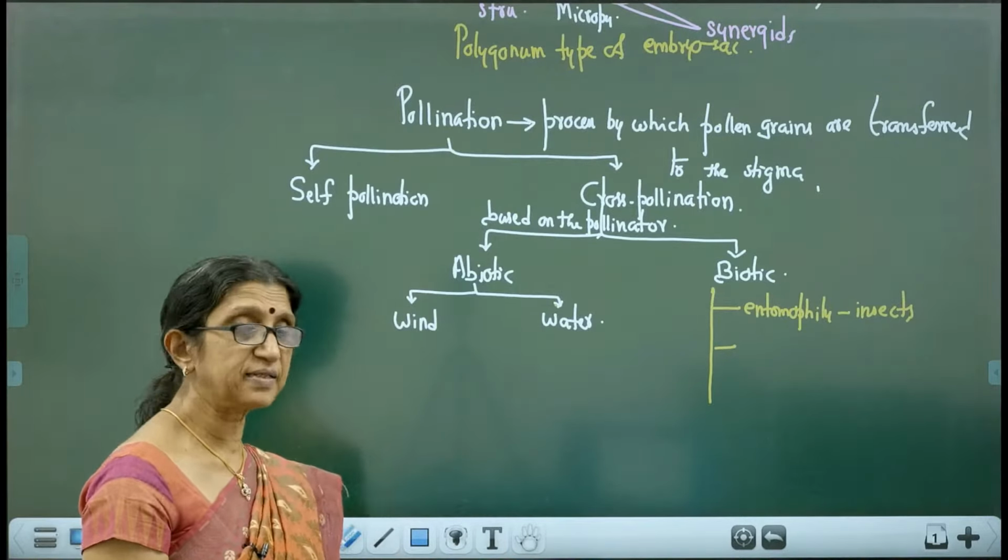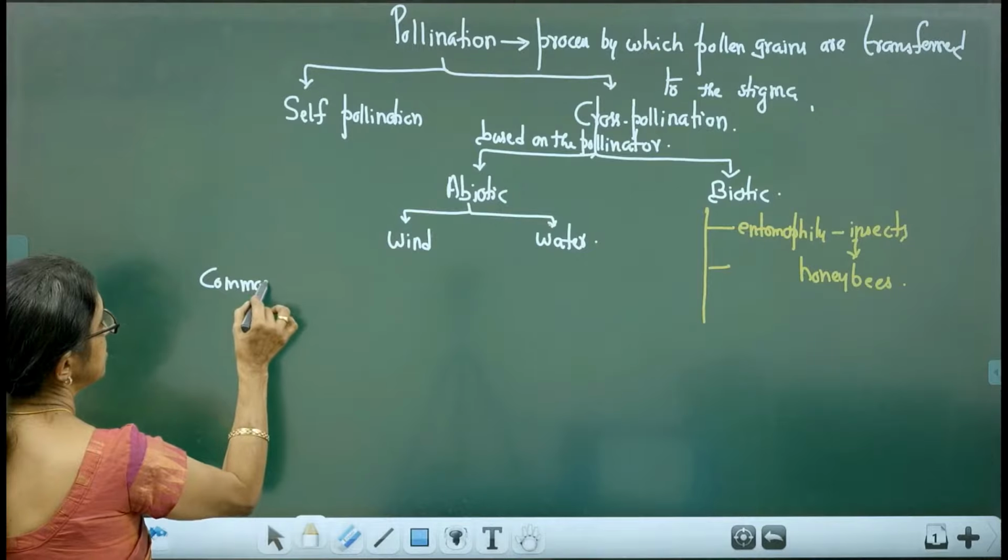Now let us see some adaptations shown by plants having a particular type of pollination method, that is wind, water, and insects. And what are the common adaptations that we see in such plants?